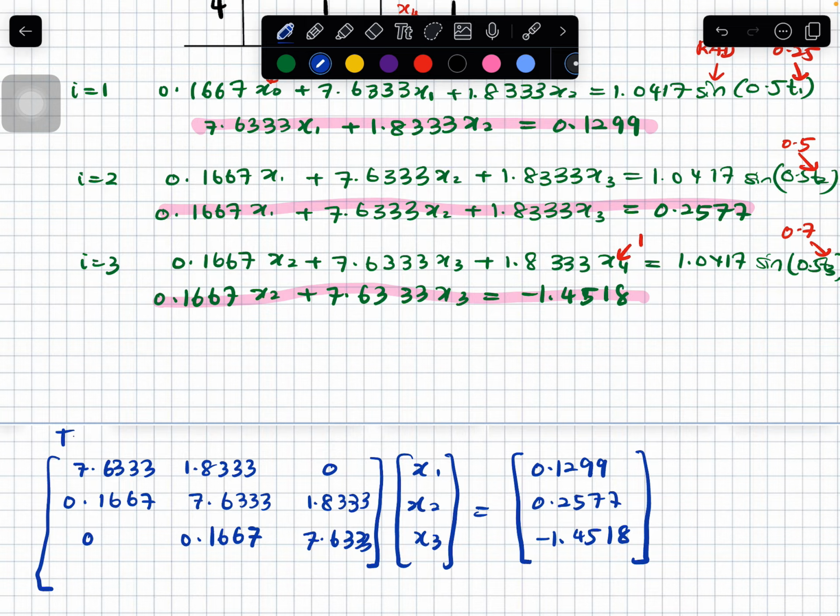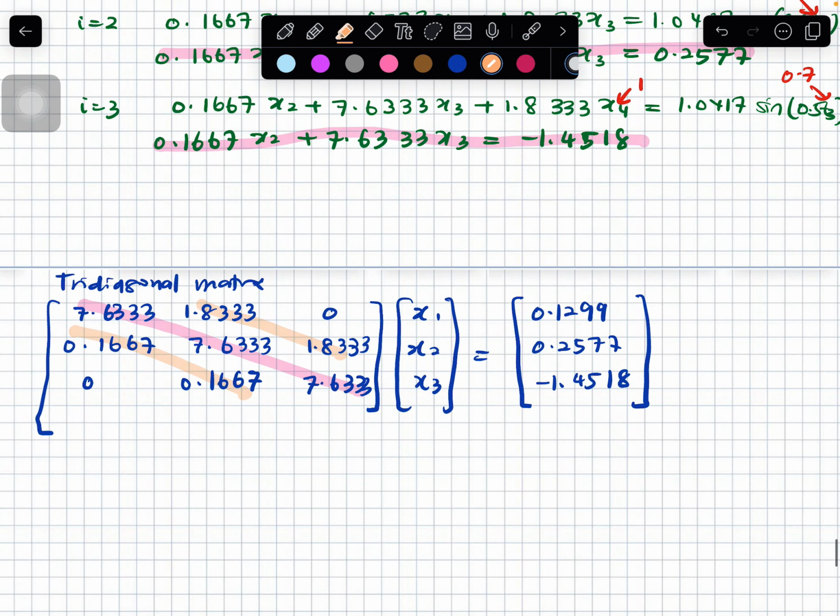So this is a tridiagonal matrix, where the diagonal is this one, and it is accompanied by the lower part and the upper part of the diagonal. So we can apply the Thomas algorithm to find the answer. Okay, since this is tridiagonal, you can use the Thomas algorithm.